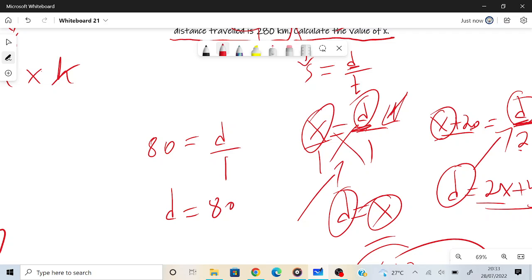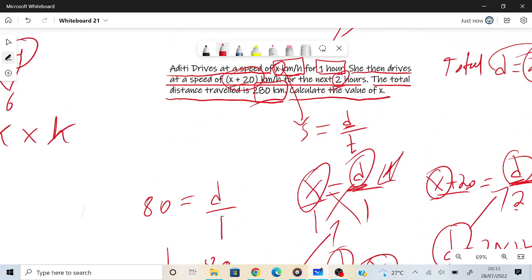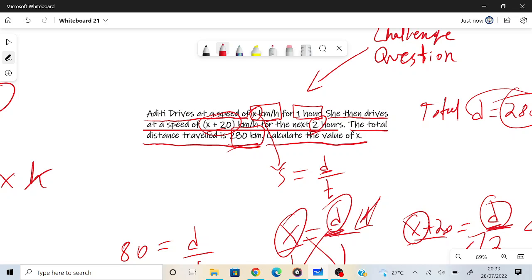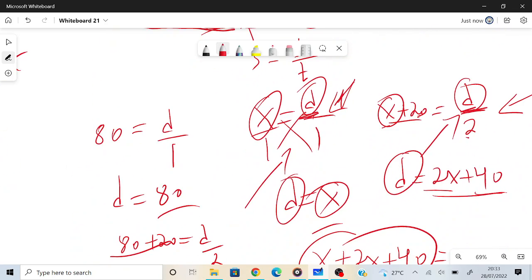For the other part, x plus 20 equals d over 2, so 80 plus 20 equals d over 2. 80 plus 20 is 100, times 2, that's 200 equals d. Then I have my two d's, 80 and 200. If I add them together, I should get 280, and 200 plus 80 is indeed 280. That was the total distance traveled. Hence, the answer to this question is correct.